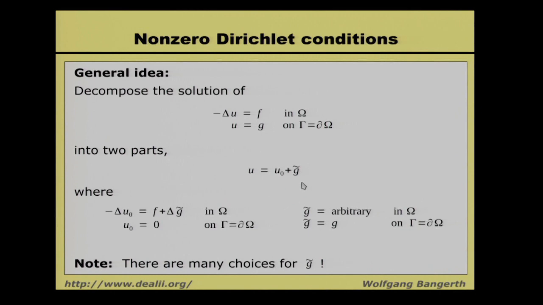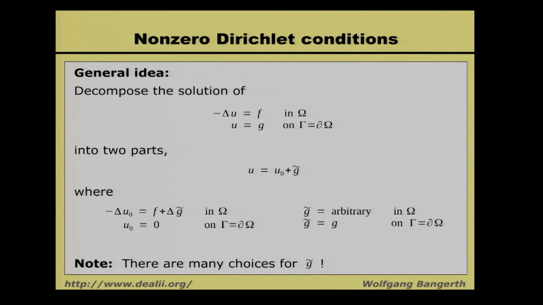And then the question remains, well, what do I do with this g tilde? Well, if I want u0 plus g tilde to be u on the boundary, and u0 has zero boundary values, then I need that g tilde equals g on the boundary. And other than that, in principle, I can choose g tilde arbitrarily. So we call this a continuation.